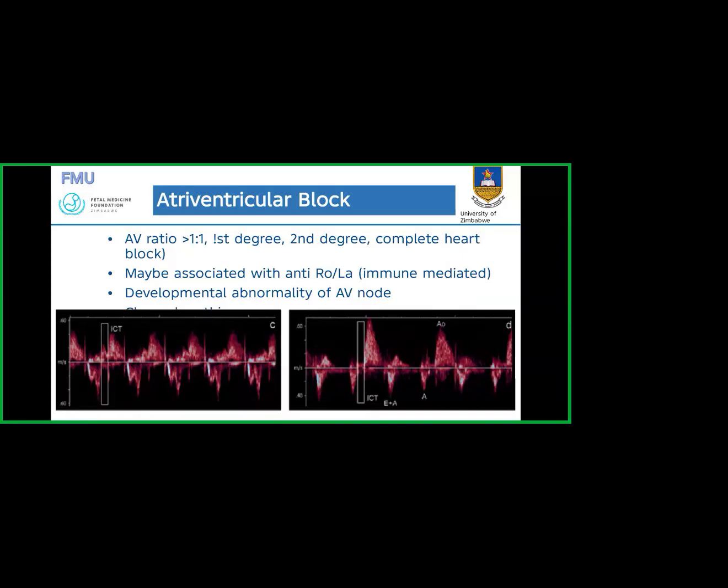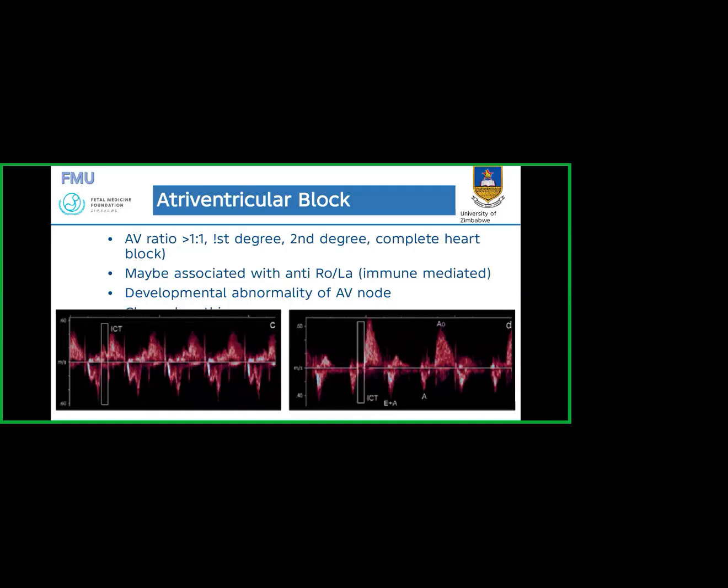The AV node has a rate of about 40 to 60 beats per minute, whereas the SA node has a rate of 60 to 100 beats per minute. That is in extrauterine life, but in utero it can go up to 120 beats per minute. So if there's complete block, we only have the ventricular rate, which is slower, causing a bradycardia.